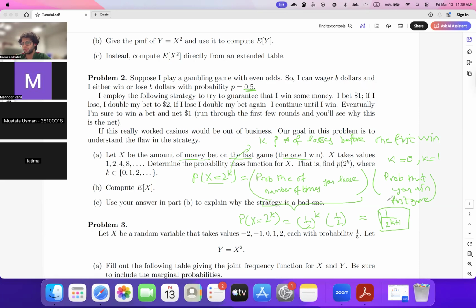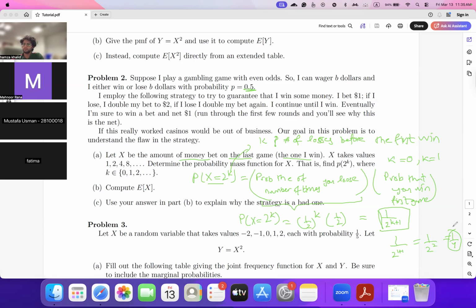That's just half. However, if k equals 1, then the probability is 1 over 2^(1+1), which is 1 by 4. This is the probability that I win the second game. Is that point clear?